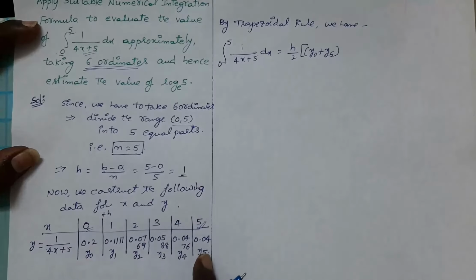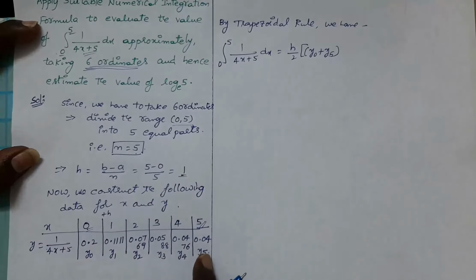So calculate this entire value by using the scientific calculator. Already we have this calculation in our scientific calculator. To remove this one, operate mode and 1. First operate the entire terms between the square brackets. Open the bracket. 0.2 plus 0.04, close the bracket, plus 2 times of 0.1111 plus 0.07 plus 0.0588 plus 0.0476, close the bracket, equal to.